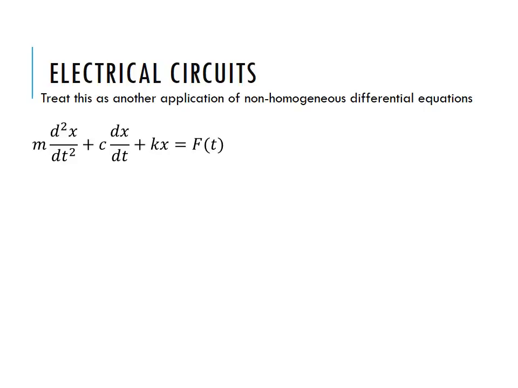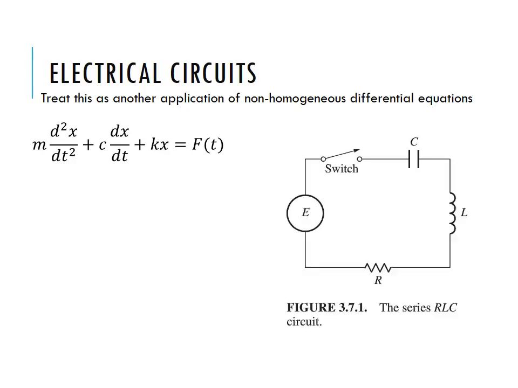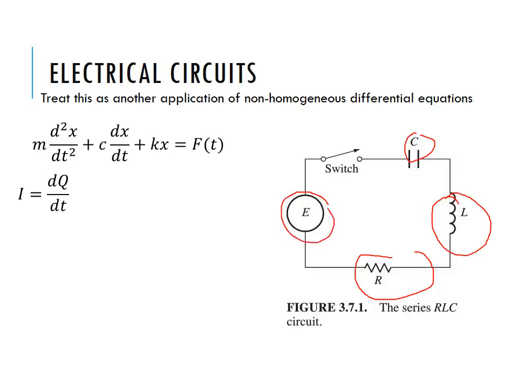Remember our damped harmonic oscillator that we had earlier that was driven with some function f of t. If we get a circuit that looks like this, where C is a capacitor, L is an inductor, R is a resistor, and E is the voltage source, we're going to claim that the current is the derivative of the charge with respect to time.